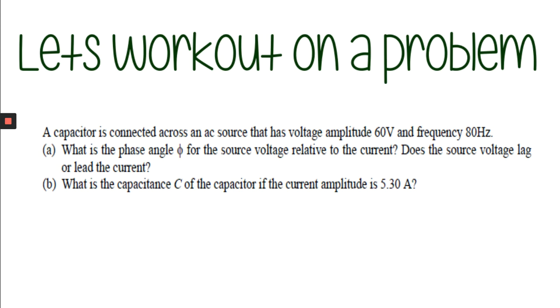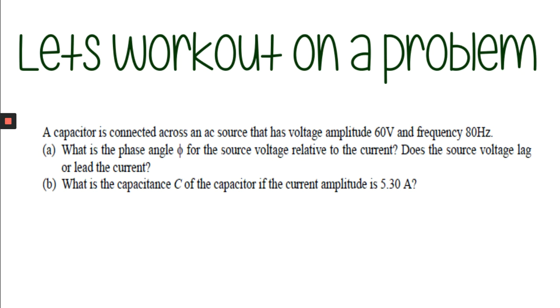Now let's work out a small problem. So what is the problem? A capacitor is connected across an AC source that has voltage amplitude 60 volt and frequency 80 Hz.